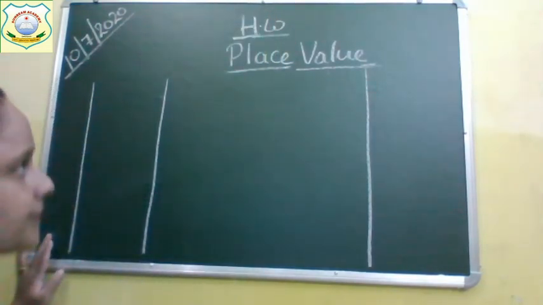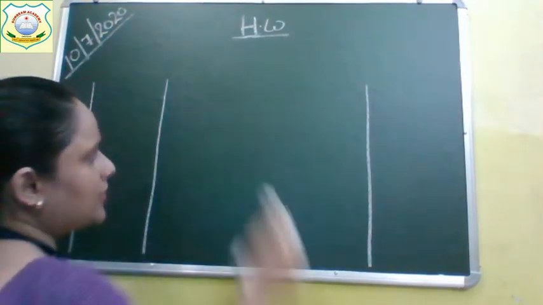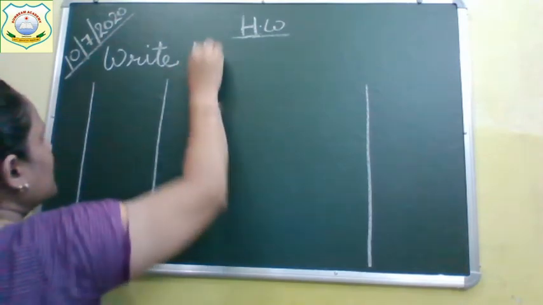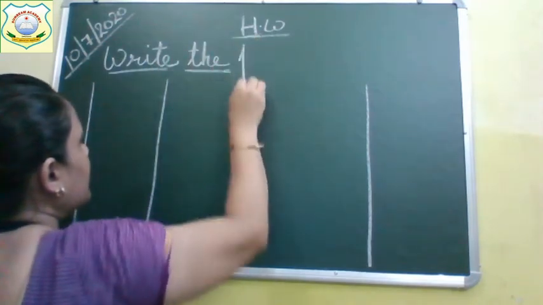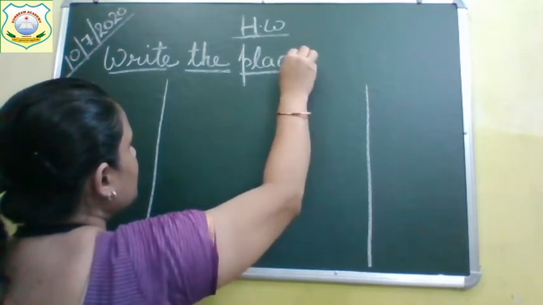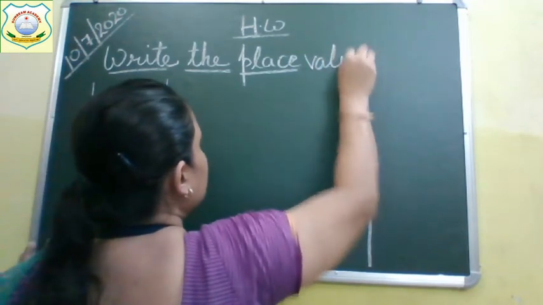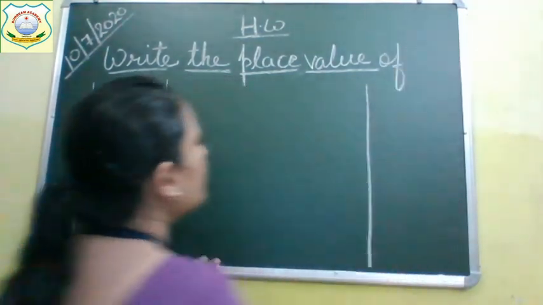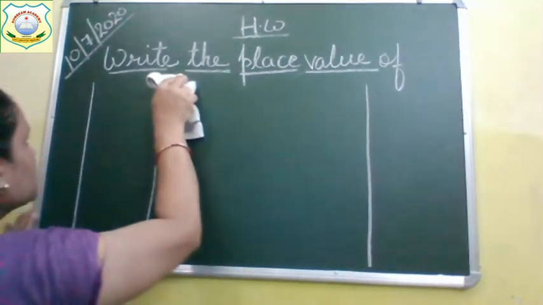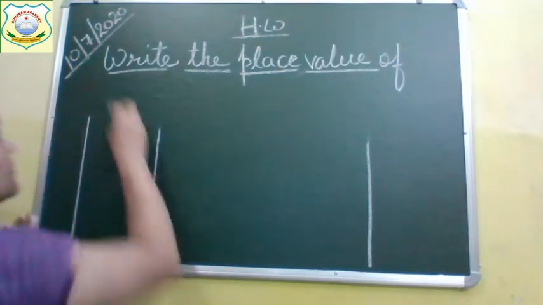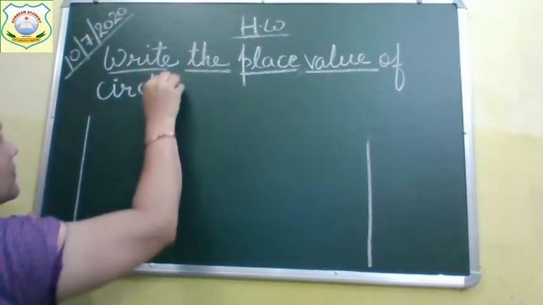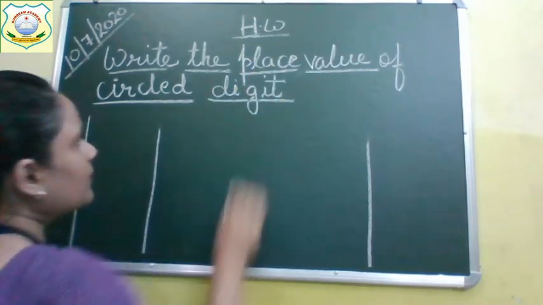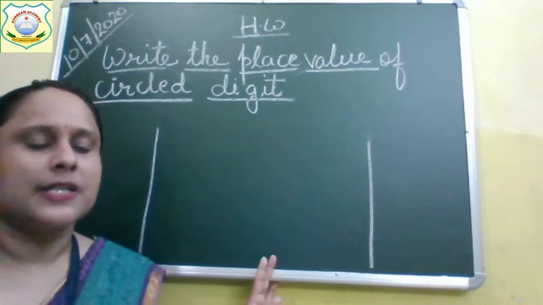First, write the question. Write the place value of circle digit.